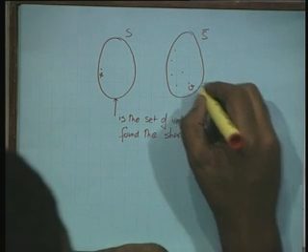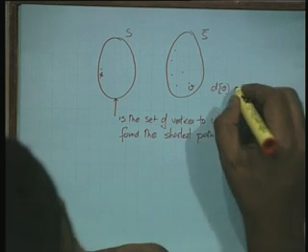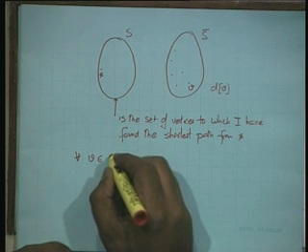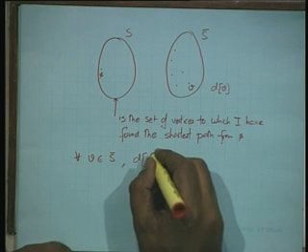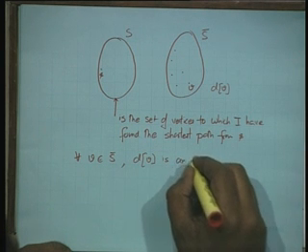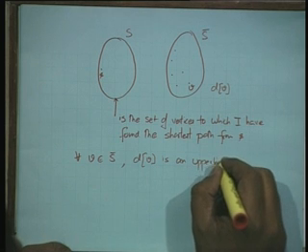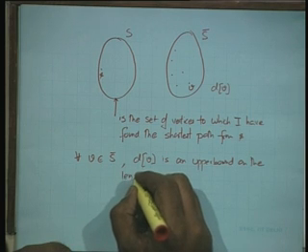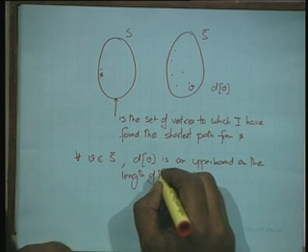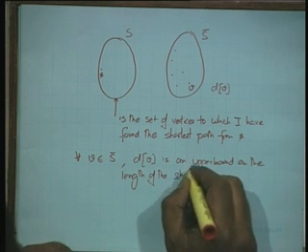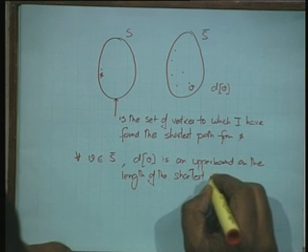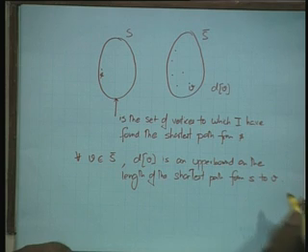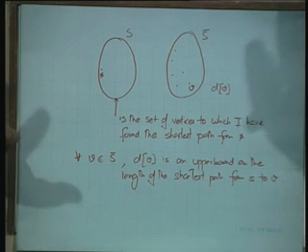So, if this is a vertex V, let me write down: for all V in S complement, d of V is an upper bound on the length of the shortest path from S to V. You understand what I mean by upper bound, right?